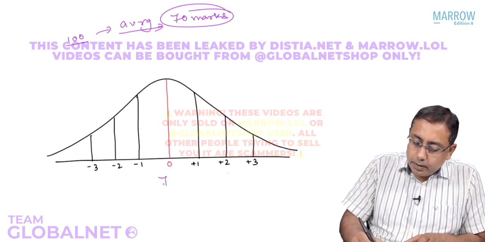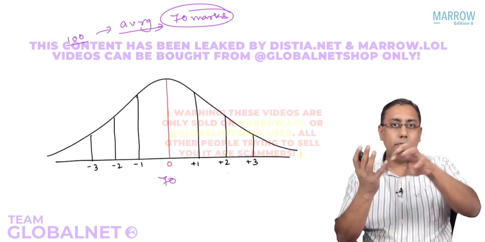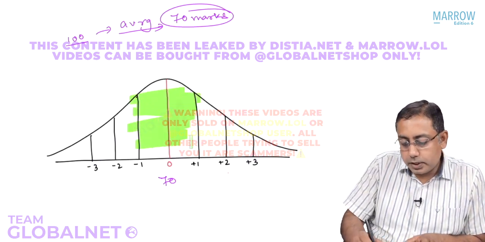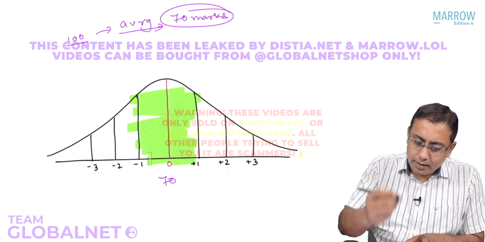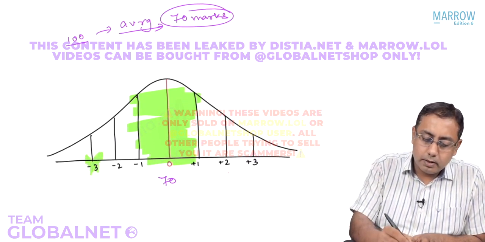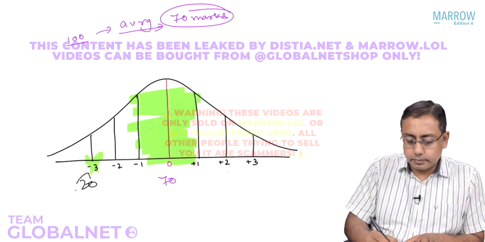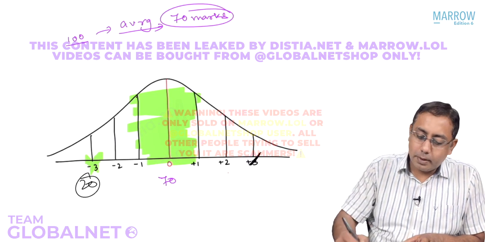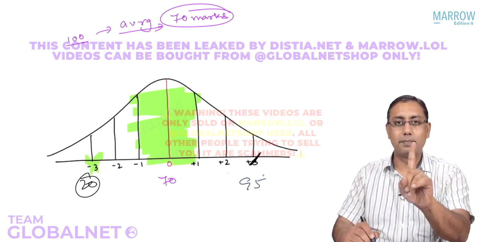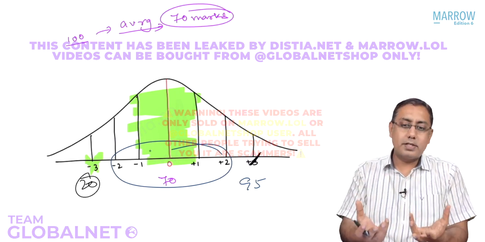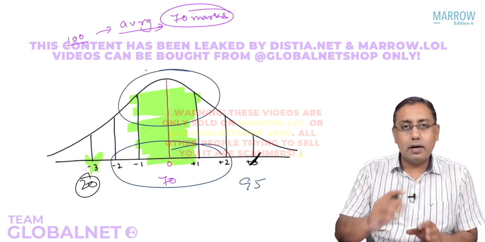So mostly people will be hovering around 70 only, no? The maximum chance of the population will be around 70. One student was there who, poor fellow, got only maybe 20 marks or 10 marks. There was one super genius student in the class who got maybe 95, but he was only one. The majority of you and me, we belonged to the average class and we were hovering around the mean.